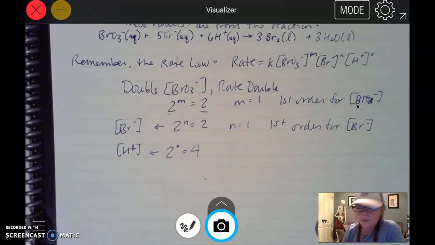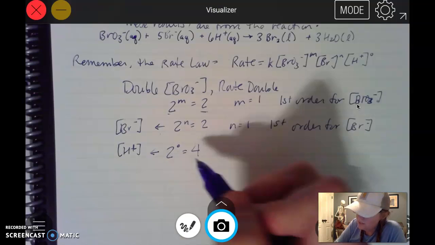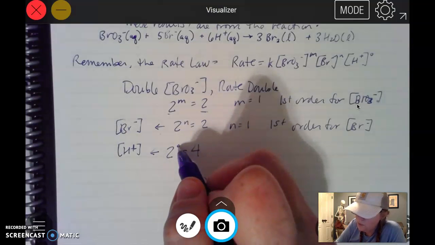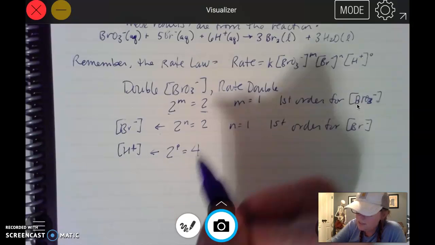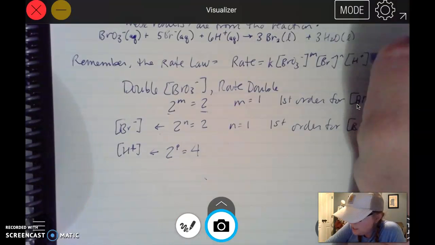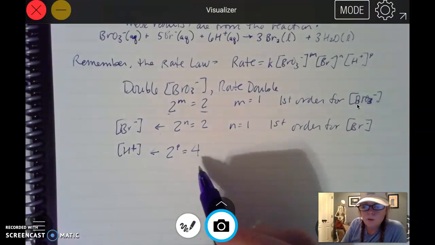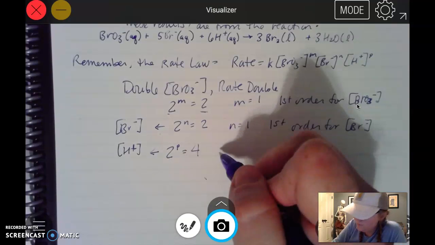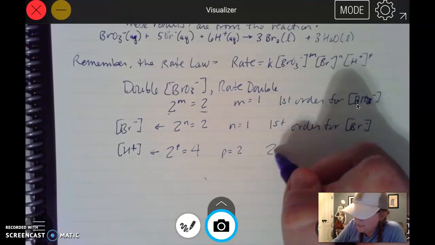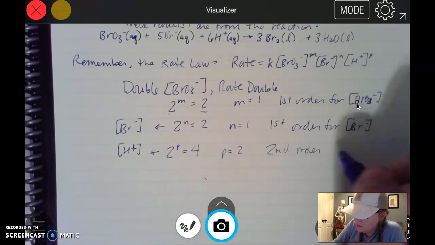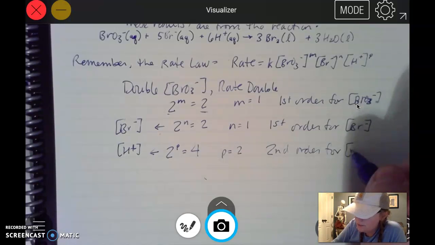What does that mean? 2 to the, that looks like a 0. What a terrible little variable. Let's call it P instead. So 2 to the P equals 4. So my P has to be equal to 2. And so second order for acid, for H plus.